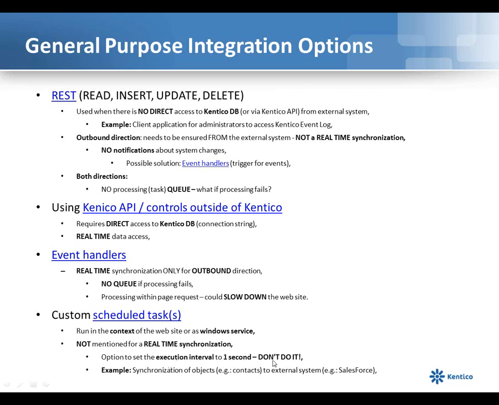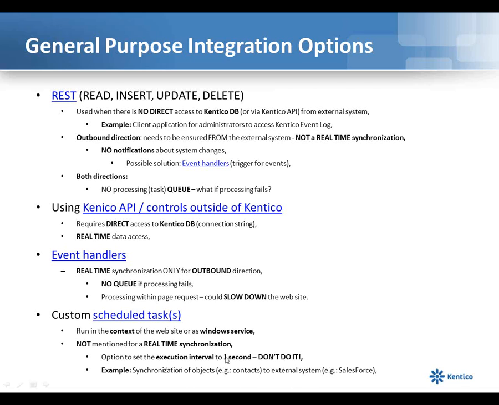Well, it can sort of simulate real-time synchronization if you set the execution interval to 1 second, but this is something that I don't actually recommend you to do. An example of use could be synchronization of Kentico contacts or generally objects to an external system like Salesforce. We're using a scheduled task to do it once per some time.